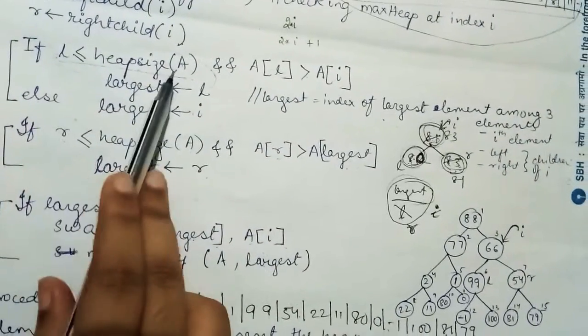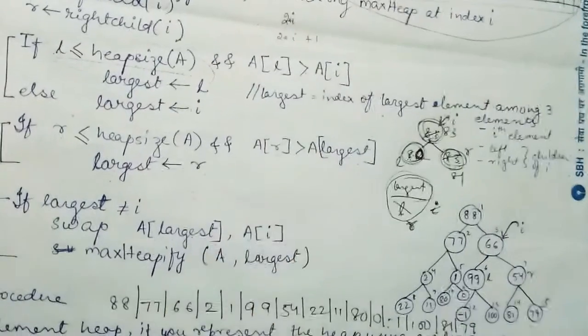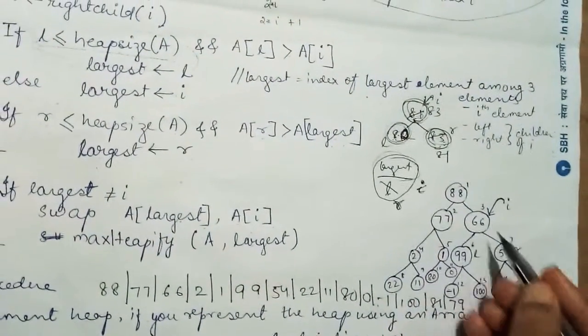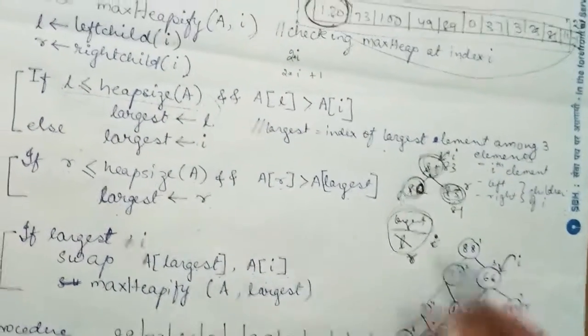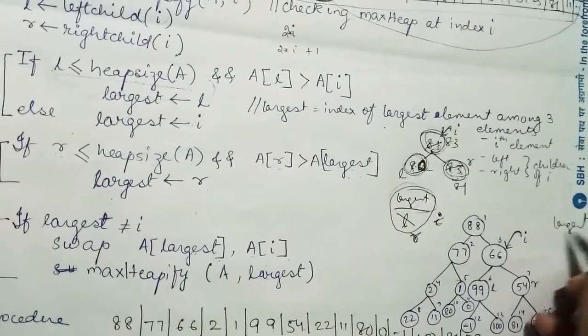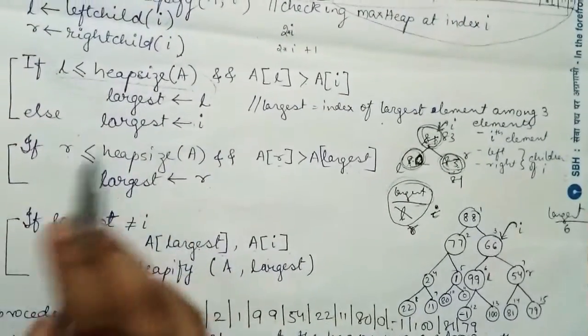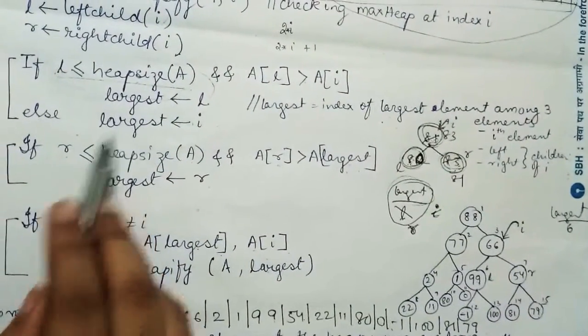L is less than 15, yes, and A of L is greater than A of I, means the left child is greater, yes. Then largest is L. In largest we have here L, that is 6. Else part is not executed.